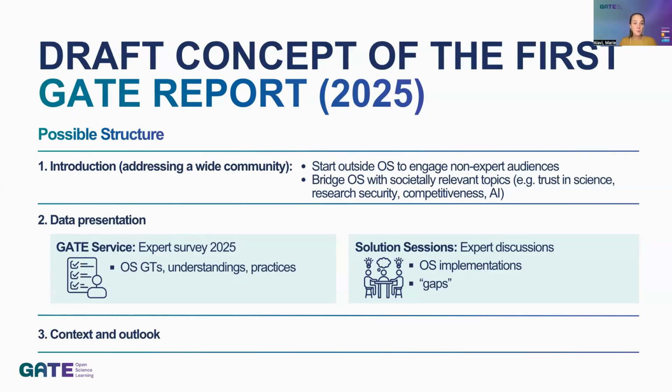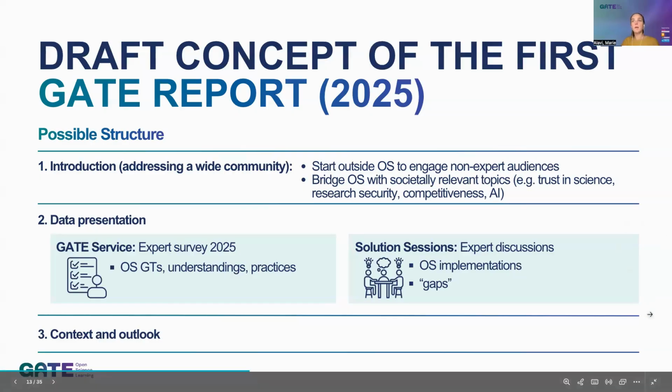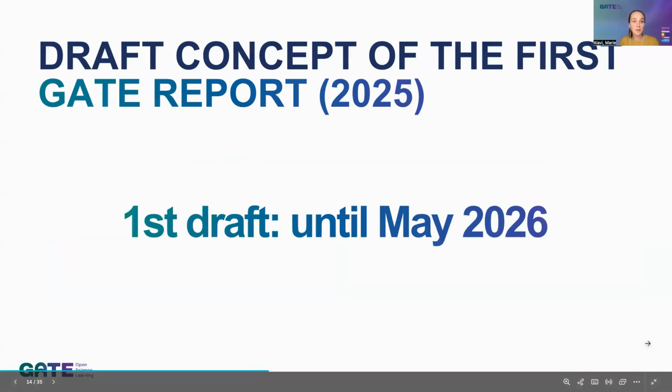And the main part, of course, would be a structure and a perspective on the GATE data, which is coming from the GATE service and the solution sessions. And as a last point, we would like to embed it into a wider context and possibly an outlook to the future.